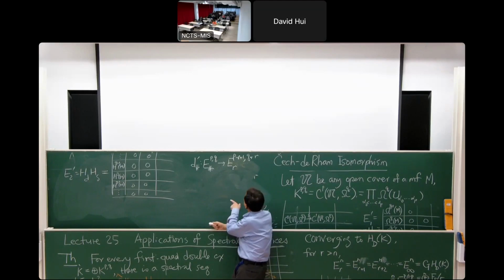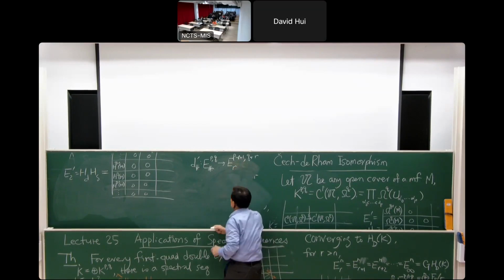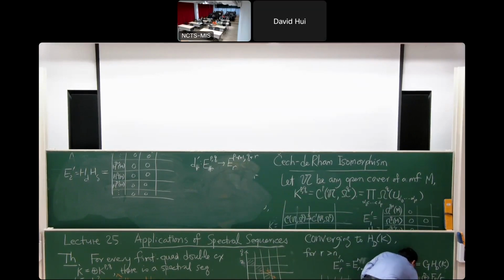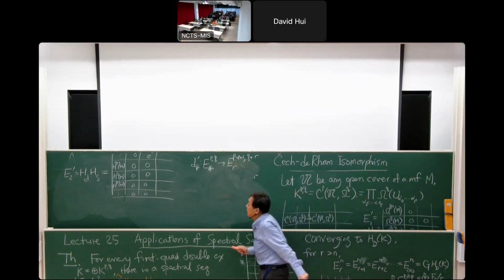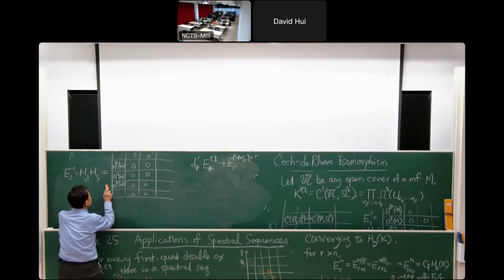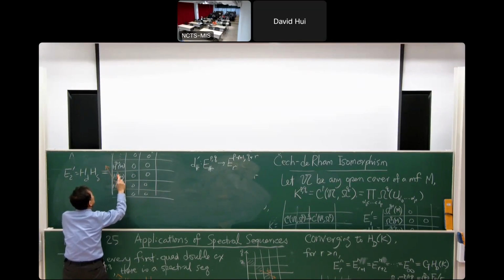So D2 prime should decrease P by 1 and increase Q by 2. It should go here, and this should go there.